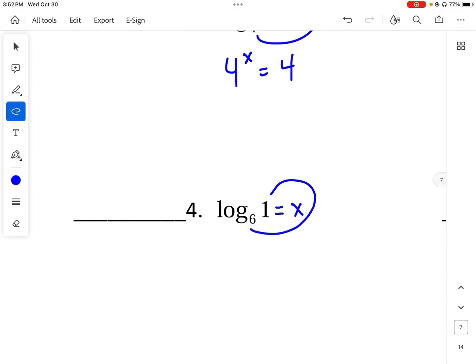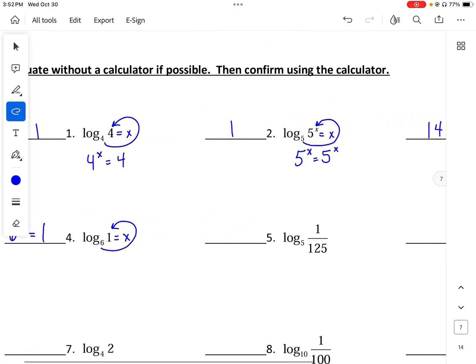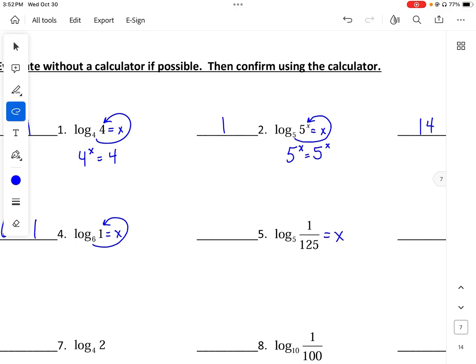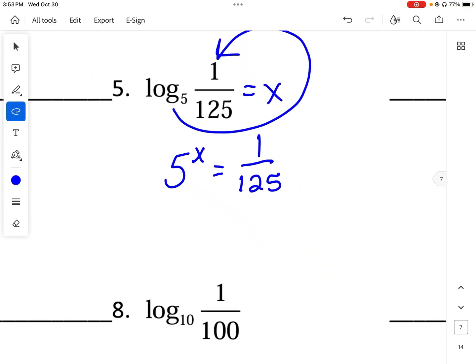So do the swirl. 6 raised to the x equals 1. Okay, next one. Let's say equals x. I'm going to swirl it. So 5 raised to the x equals 1 over 125. So I've got to figure out what x is going to be.